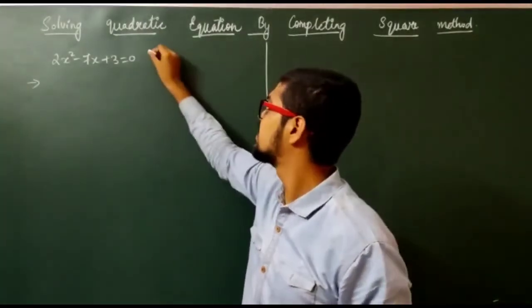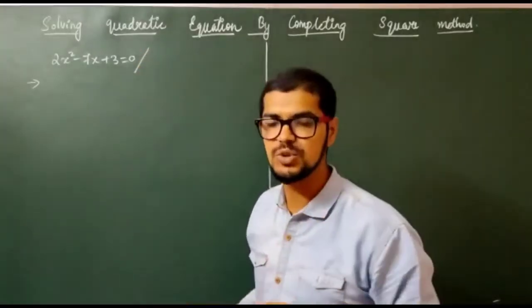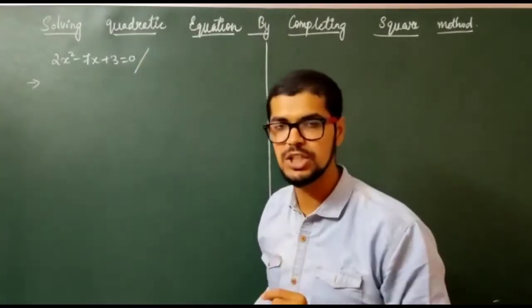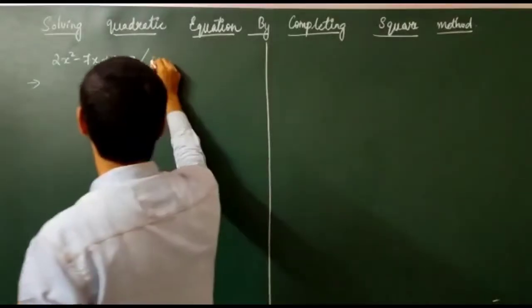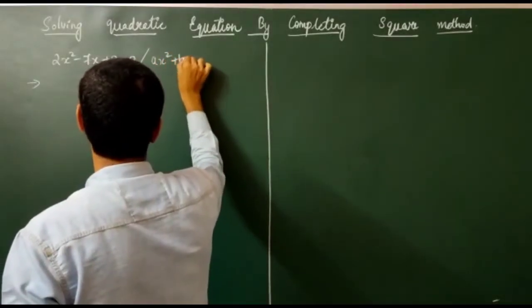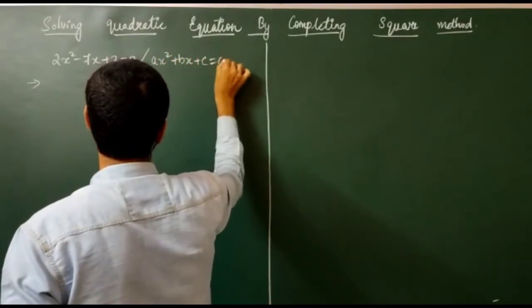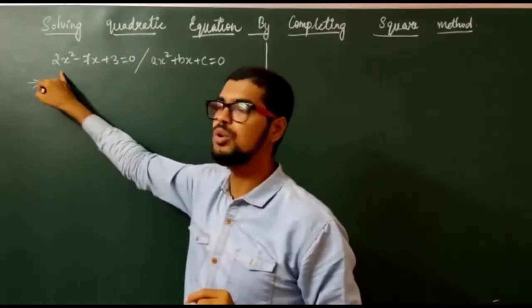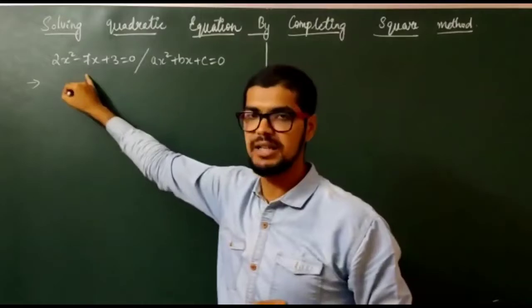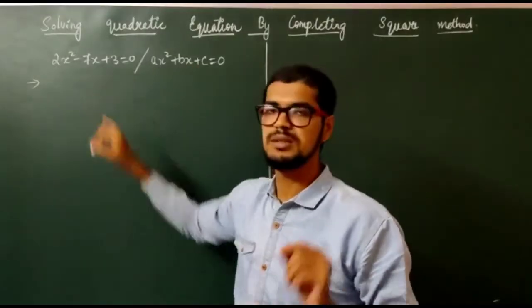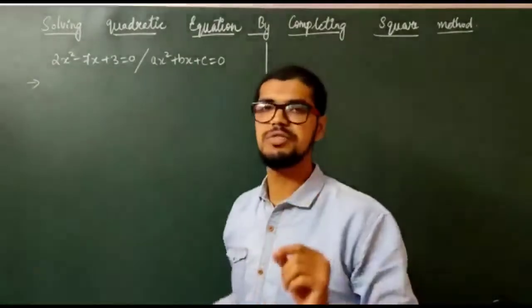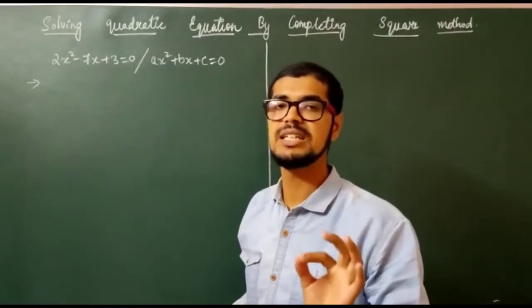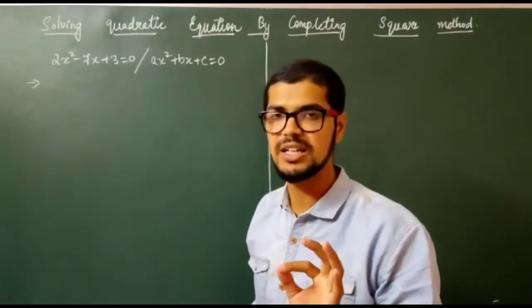Yes, we have a general form, ax square plus bx plus c is equal to 0, where a is 2, b is minus 7 and c is plus 3. Now the very first step is to check whether the given equation is quadratic or not.